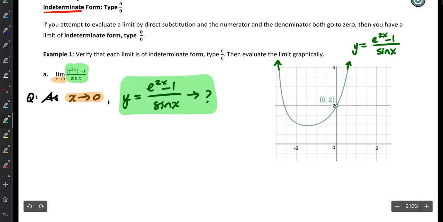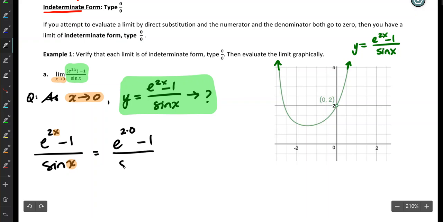Let's verify that we have an indeterminate form of type 0 over 0. If I put in a 0 for x, we get e to the 2 times 0 minus 1 all over sine of 0.